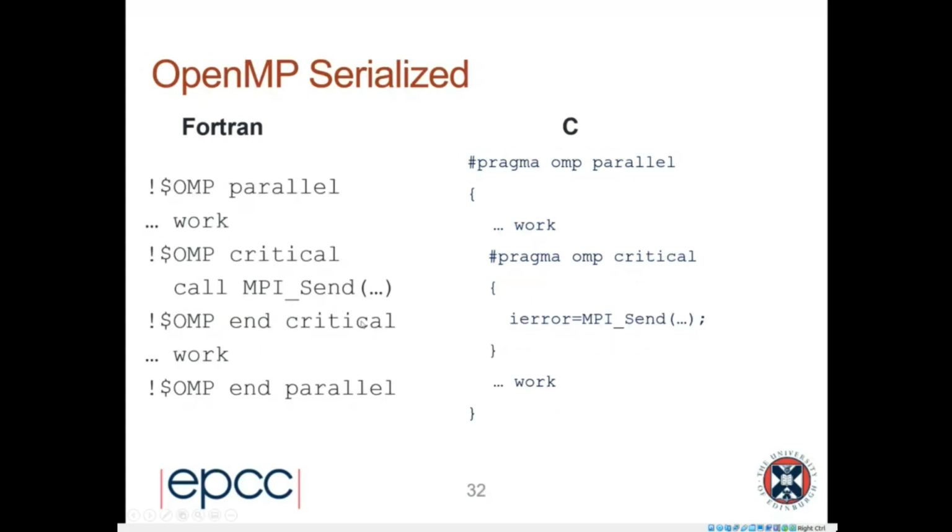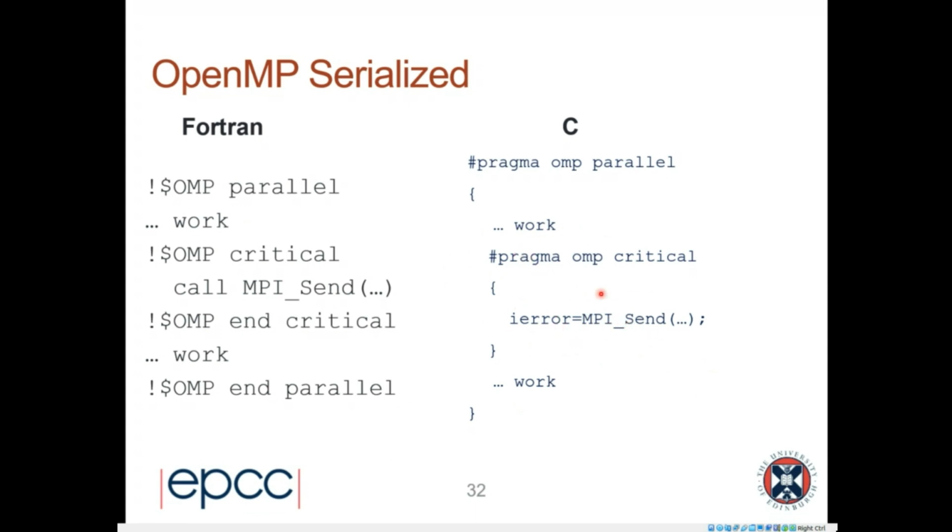Serialized is the same, except you have a work region, then you have a critical region where the critical says only one thread can do this at once, and you might need a barrier here depending on the logic. But here you're saying we're doing work, and when I am finished my work, you probably wouldn't want a barrier here.